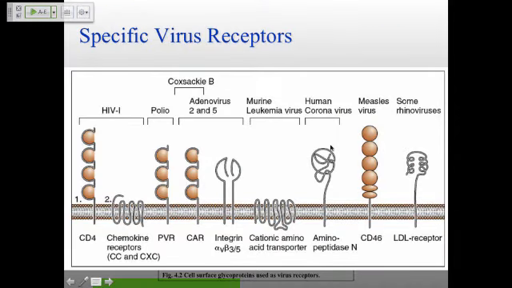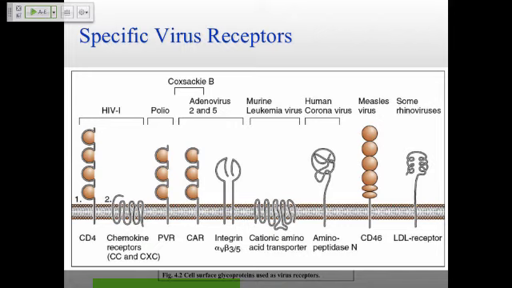Okay, so let's talk a little bit about virus entry. This slide is basically a reminder that most of the viral receptors, which of course are cellular proteins that did not evolve to bind to viruses, are things that are sticky, that stick to stuff on the outside of the cell.